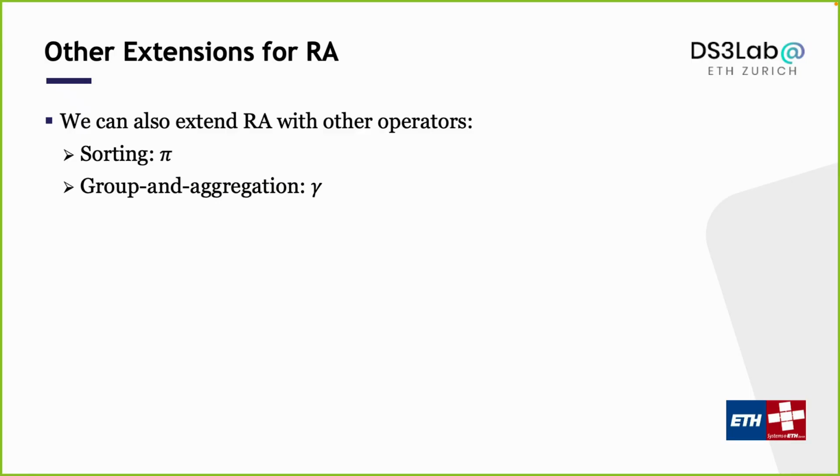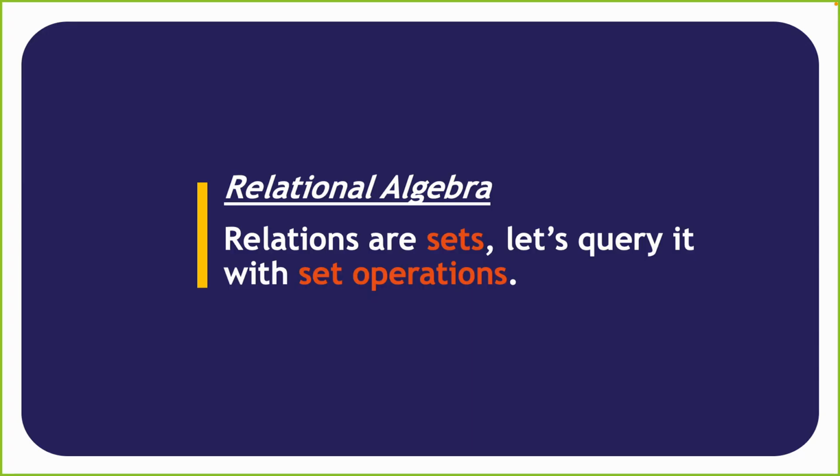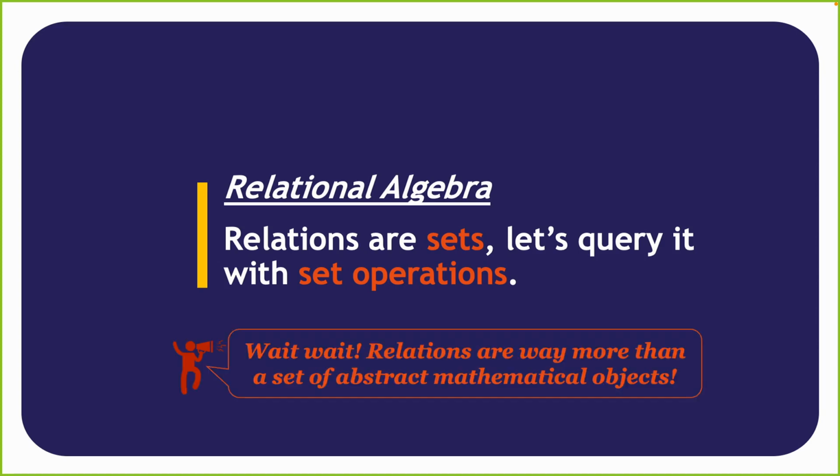So this is all about relational algebra. This is one query language that we have to query information stored in a relational form. Now let's talk about another query language, something that we call relational calculus. If you think about relational algebra, summarized in one sentence, it's: my data is set, so I query it using set operations. If you look at this statement, you might say, yeah, no, but relations are not sets.